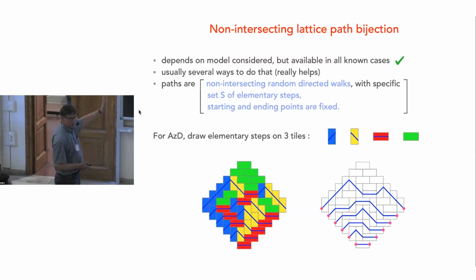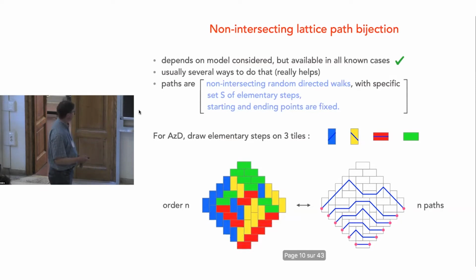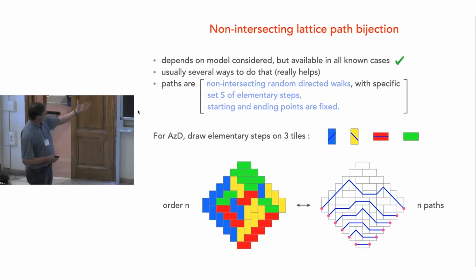And that, of course, holds for any measure that you could equip the set of tilings with. That's only a description of the tilings in terms of paths. So for the tiling of an order n Aztec diamond, you get a set of n non-intersecting paths, always starting on the left boundary at these points and ending at the right boundary at those points. Those are completely fixed.